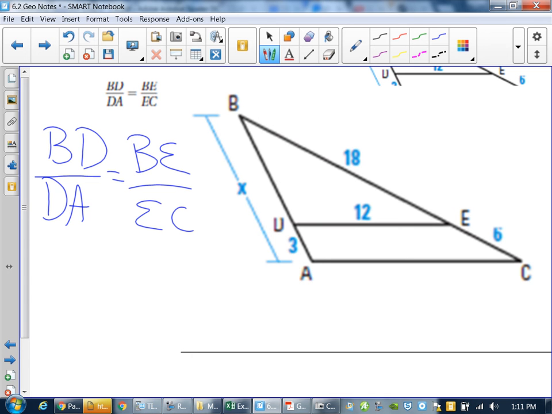Now, in this case, you're given the whole segment of BA is X. One small chunk of it, DA, is 3. So you have to figure out how do you find that other segment.